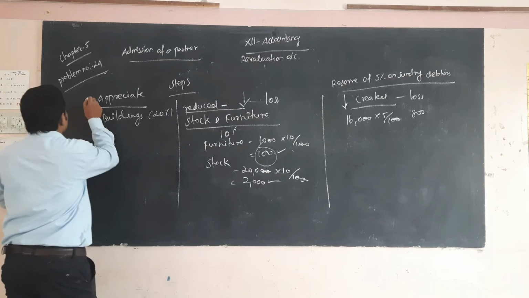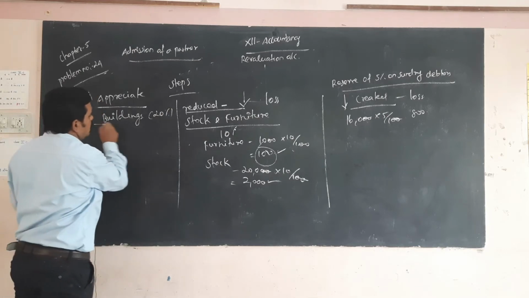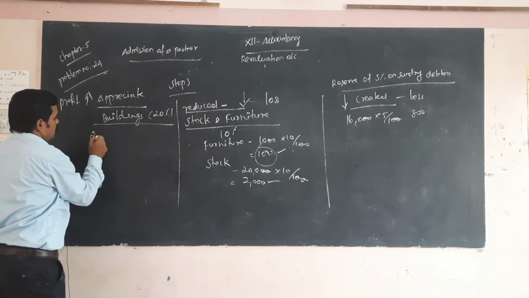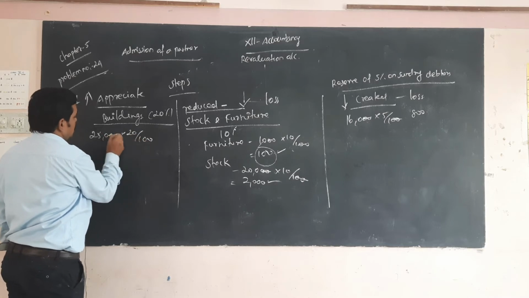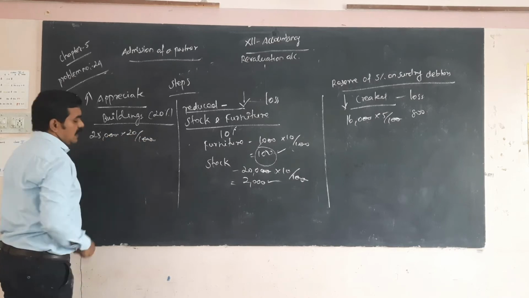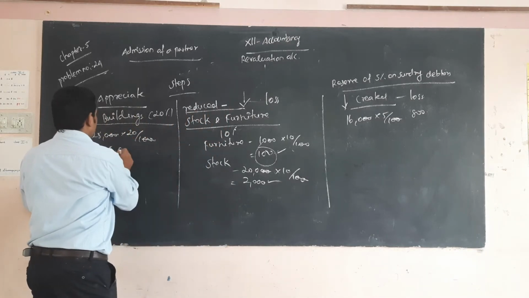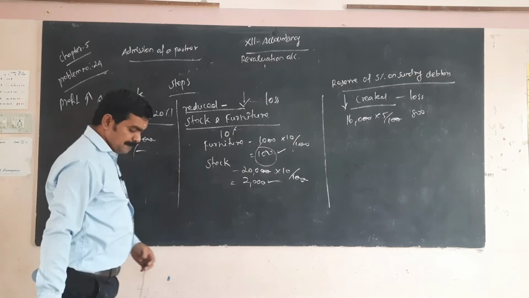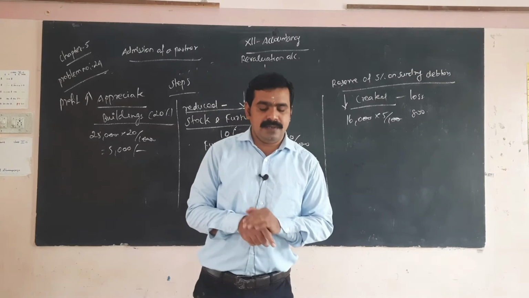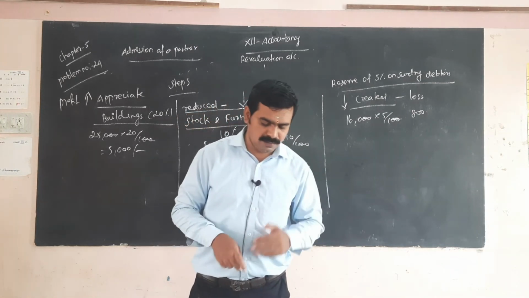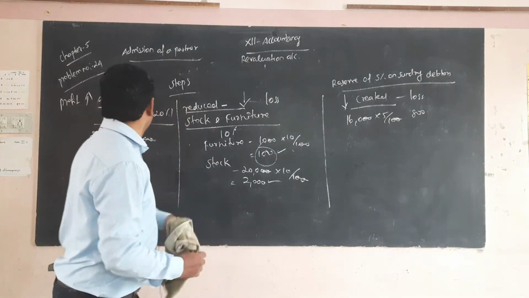So 25,000 into 20 divided by 100 is 5,000. So these are the steps you have to follow when you are calculating the revaluation account. Okay, now I am going to open that revaluation account.